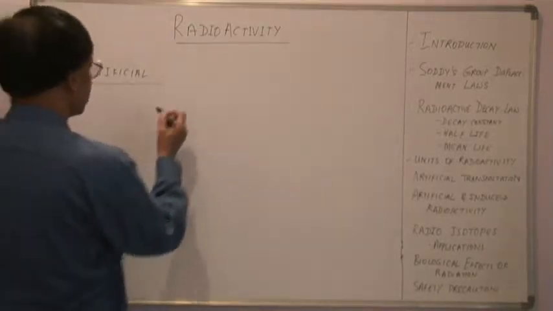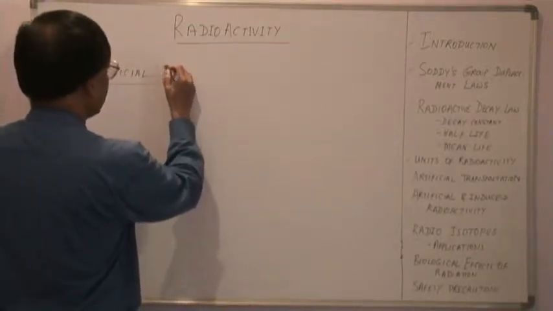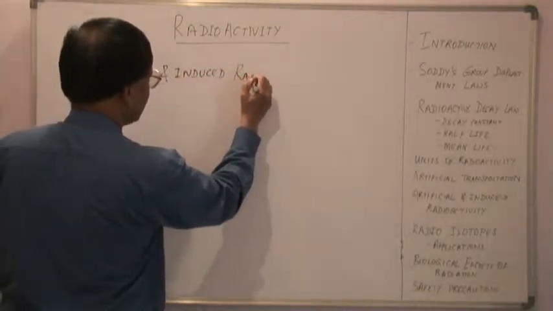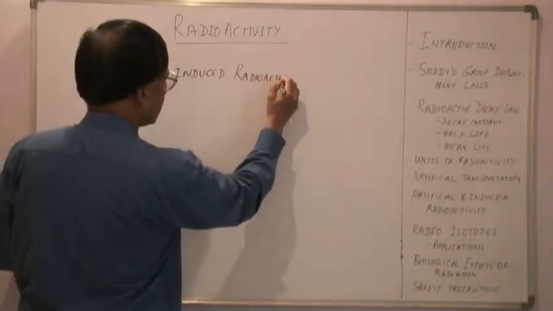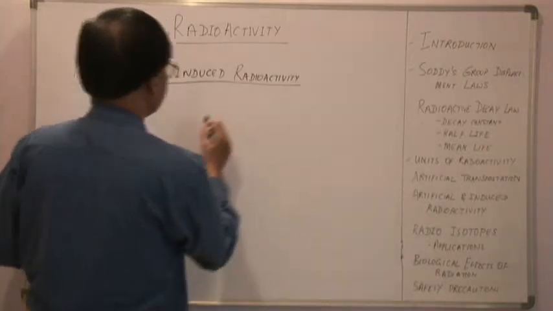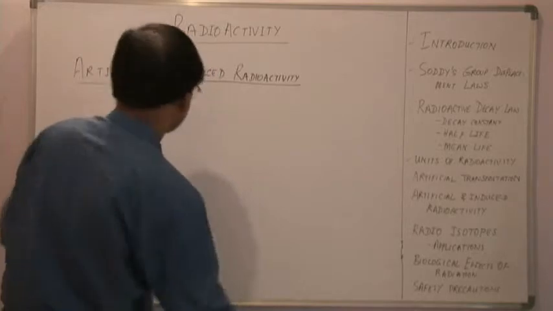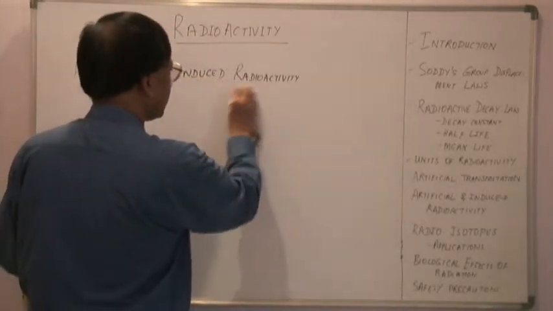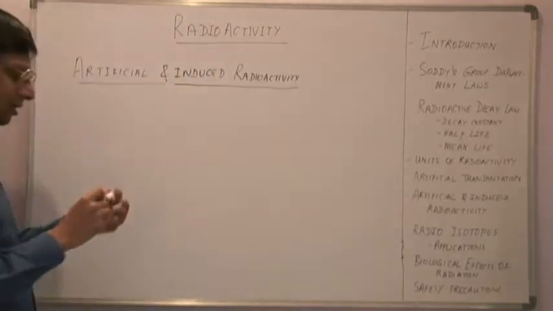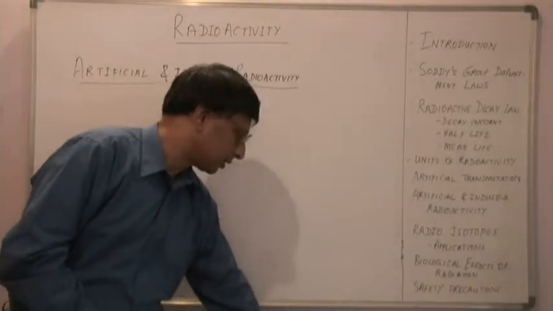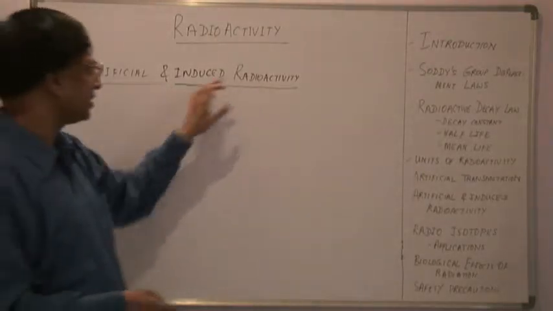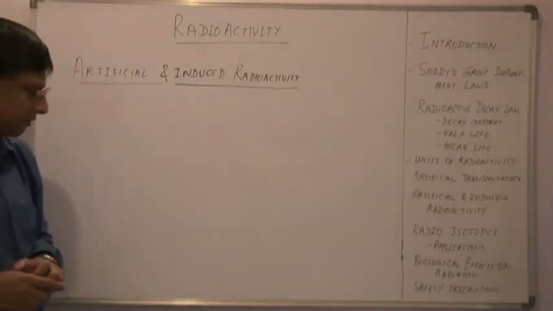Whereas artificial and induced radioactivity, as the very name implies, is not naturally occurring but artificially induced. Let us look at the process of artificial radioactivity first, then we'll define induced radioactivity.